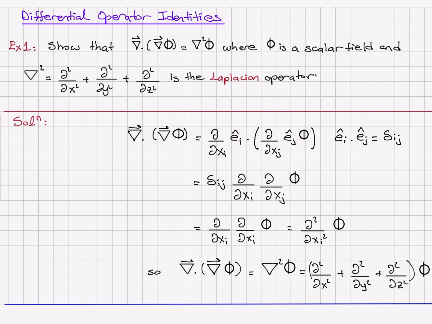Ei hat dot ej hat gives us the Kronecker delta, therefore these two derivatives have the same index, so this means it's the second derivative with respect to xi acting on our scalar field phi. Therefore, the divergence of the gradient is actually the Laplacian operator, which implies a summation: del squared over del x squared plus del squared over del y squared plus del squared over del z squared.